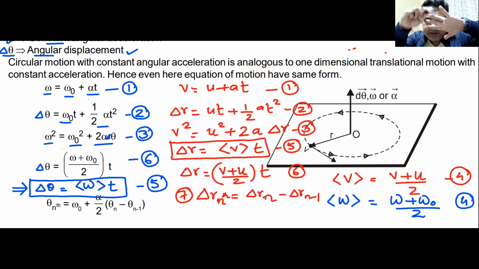Then I subtract the displacement in 4 seconds. So if I subtract the displacement in 4 seconds from the displacement in 5 seconds, I will get the displacement between 4 and 5, which is the 5th second, the end of the 4th and the beginning of the 5th. That is how you can find out the displacement in the nth second. If you put the values here, you will end up with a very simple equation of displacement in the nth second.